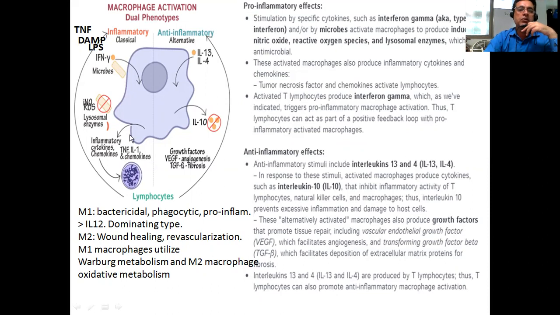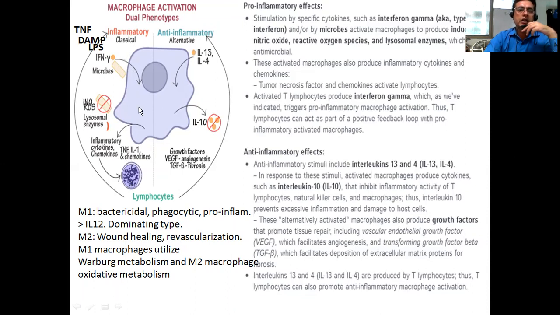M1 is the dominating type, so most of the macrophages, whether monocyte-derived or others, would be activated in the classical pathway.